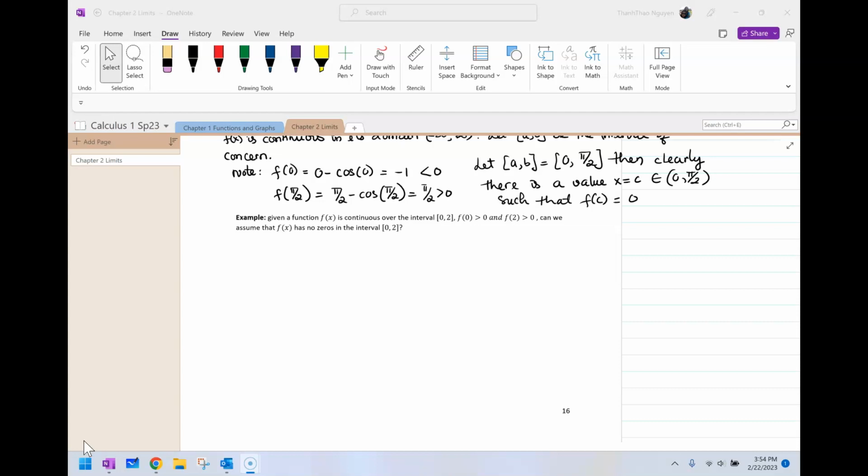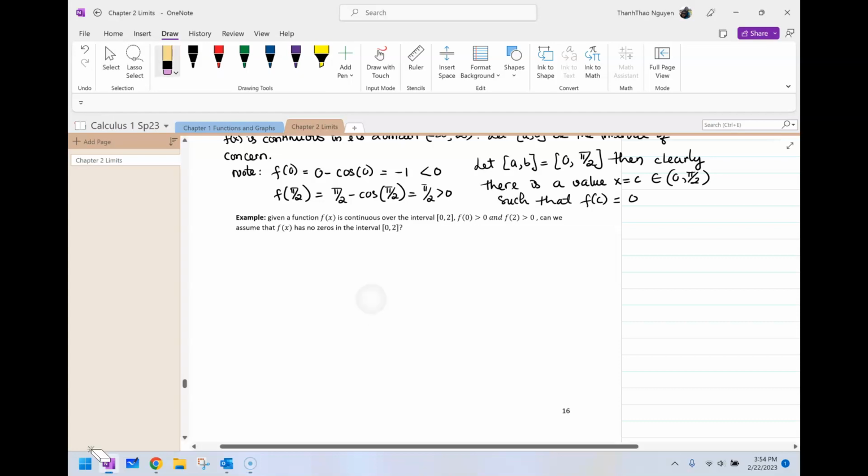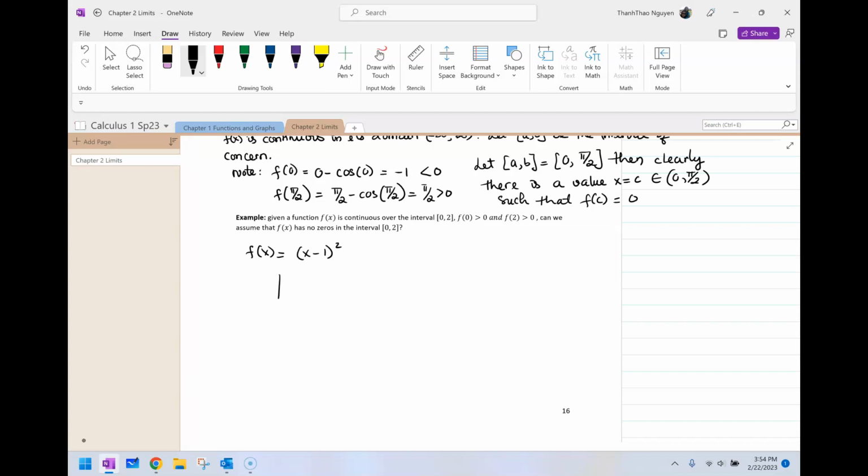So for example, let's say f of x is equal to x minus 1 squared. Let's take a look at this graph. This is the graph shifted 1 to the right. Here's 0 and here's 2.